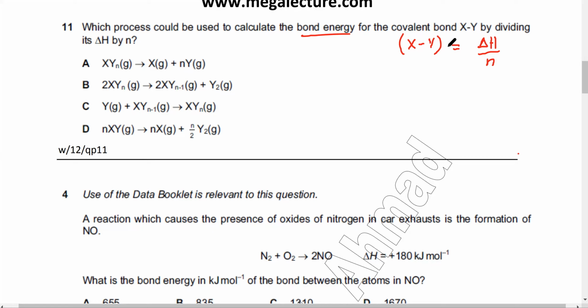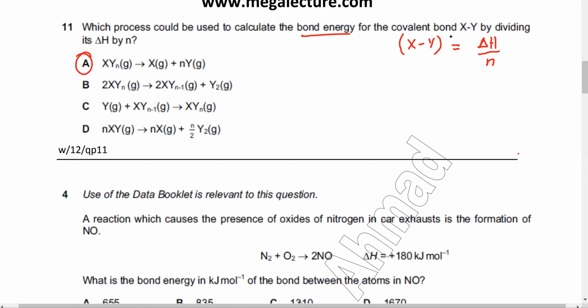Now I'm going to go through this one by one. I'm looking for this expression. Which process out of A, B, C, and D would give me this particular expression? Let's look at the first reaction. And I'm going to just quickly tell you that's also your answer for this question.